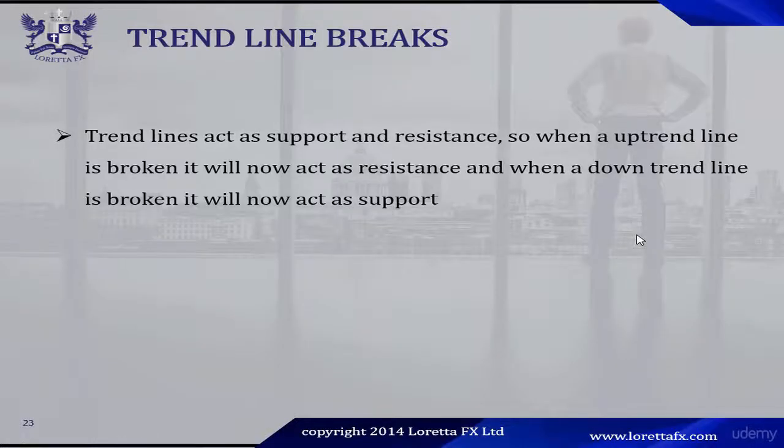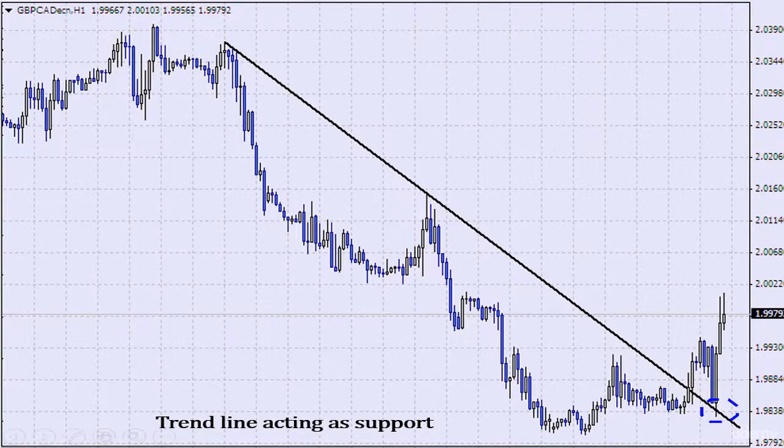And again, remember this. Trend lines act as support and resistance. So when an uptrend line is broken, it will now act as resistance. And when a downtrend line is broken, it will now act as support. This is extremely important. So here we can see the trend line is acting as support. Okay, this is the downtrend line.